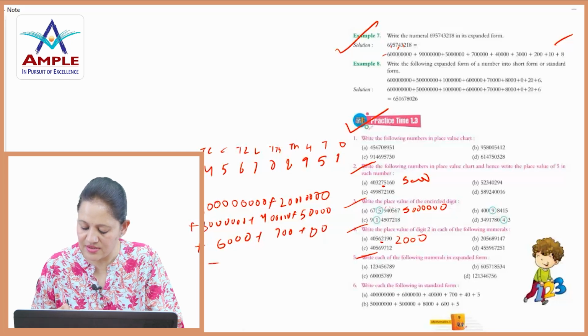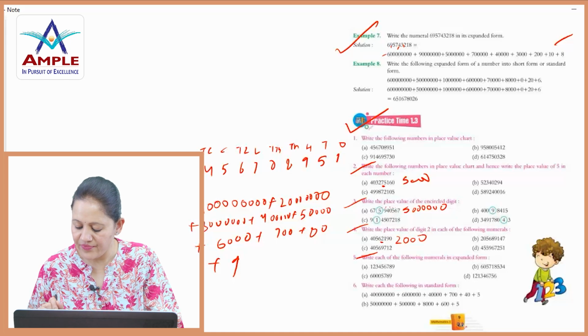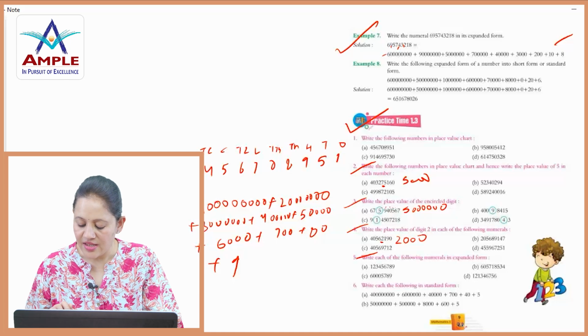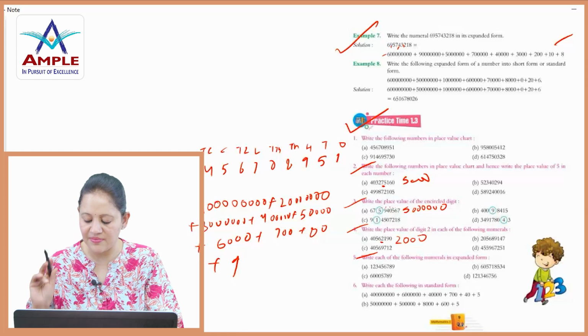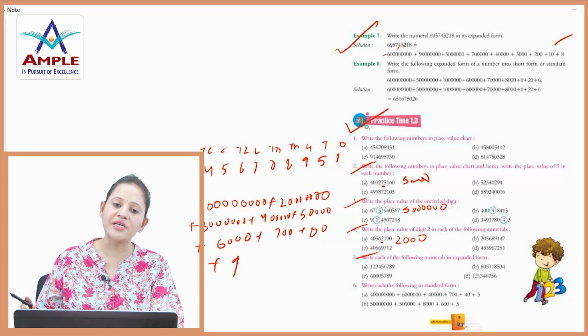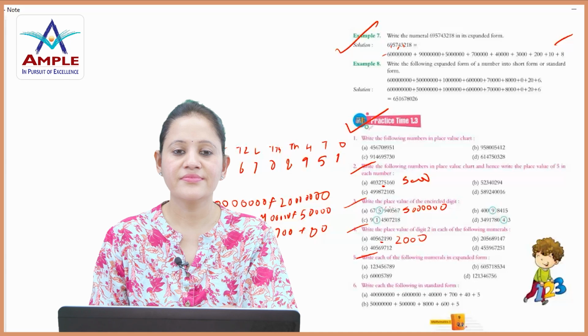So, now expanded form will be 10 crore plus 2 crore plus 3 lakh, 30 lakh plus 4 lakh plus 50,000 plus 6,000 plus 700 plus 80 plus 9. That will be the expanded form of the given numeral.